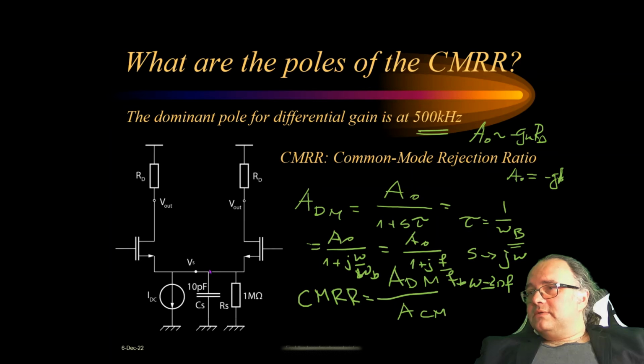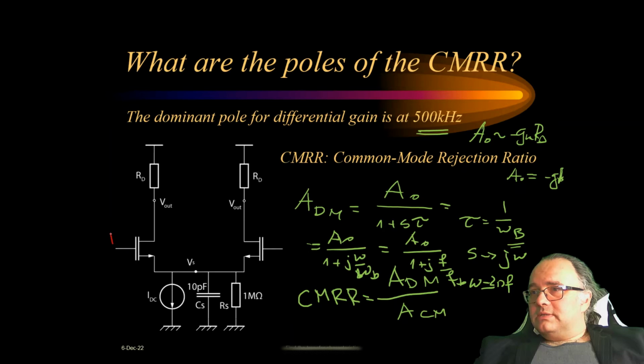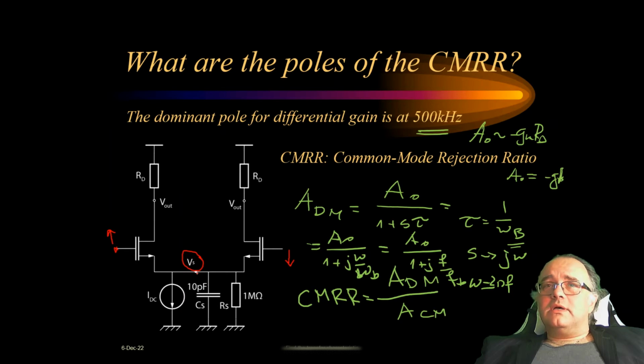For differential signals, the circuit operates like this. If this goes up, this goes down, and it is very important to realize that this node is in between. As this input changes up, this changes down by the same amount, and this node is between a symmetrical circuit, so this node will not change. If this node does not change, this means that for differential signals this will be a small signal ground.